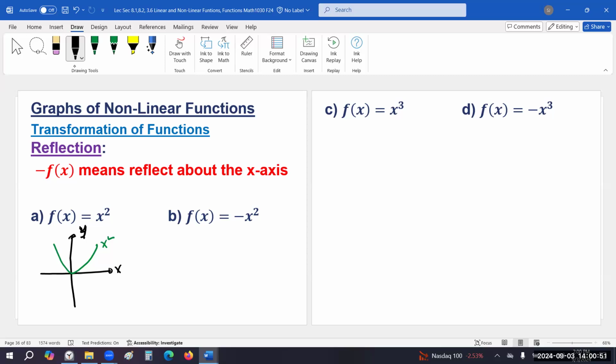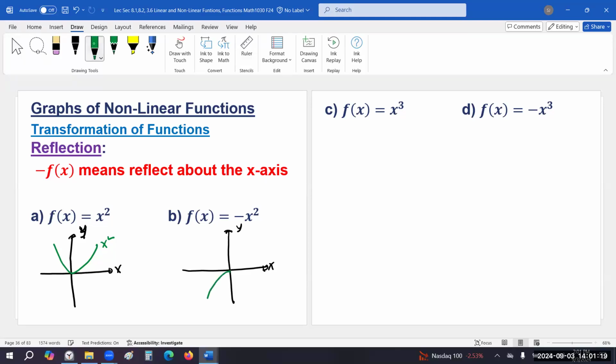Now, if we apply one type of transformation called reflection, it means put a negative sign in front of the function. So negative x squared. It's the same graph, but this time it's reflected about the x-axis. So the upward parabola turns into what?